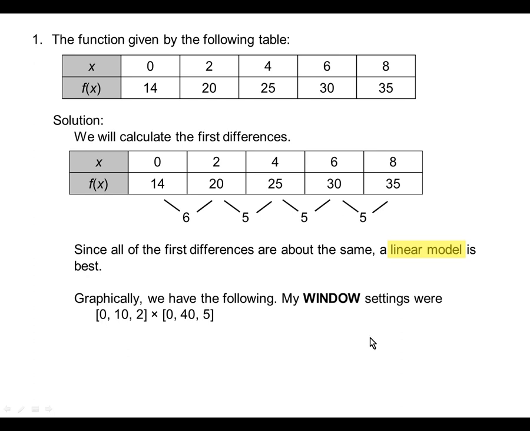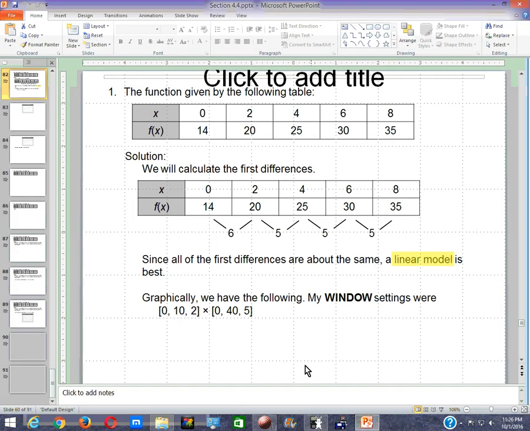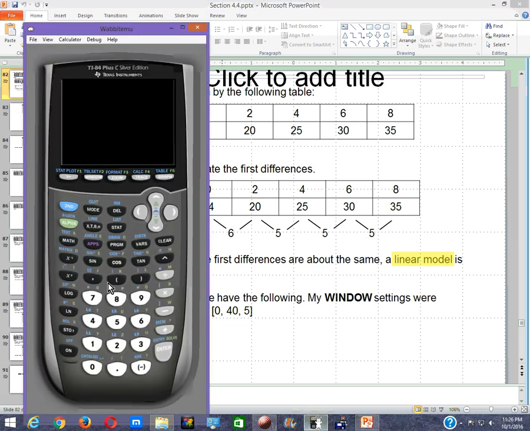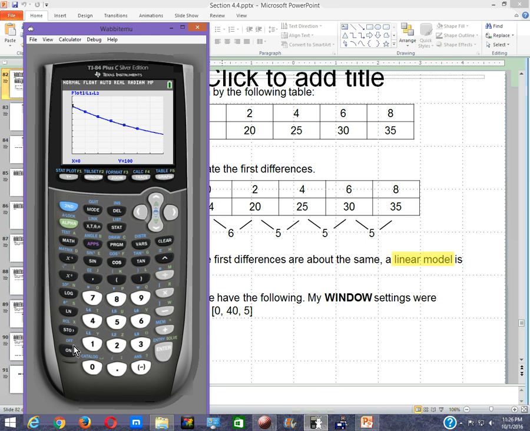So graphically, we have the following. My window setting for these. If you actually were to do the graph, let me get out the calculator. Turn it back on. Y equals, clear that out.